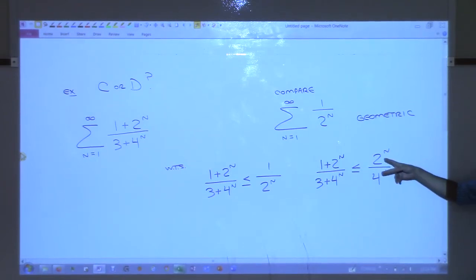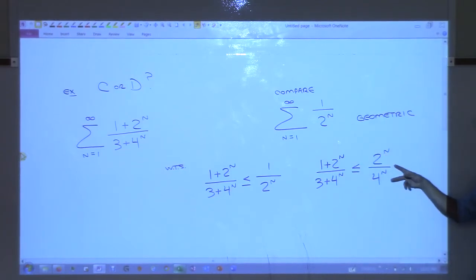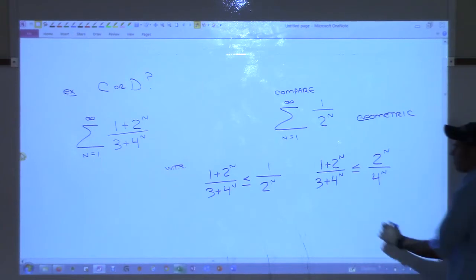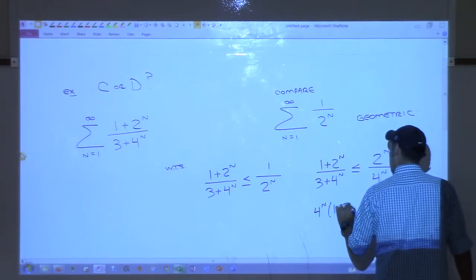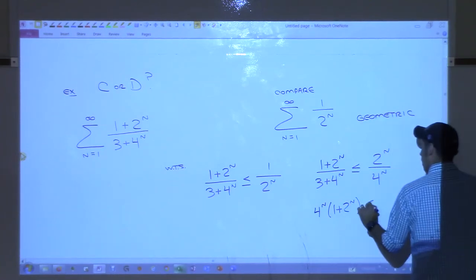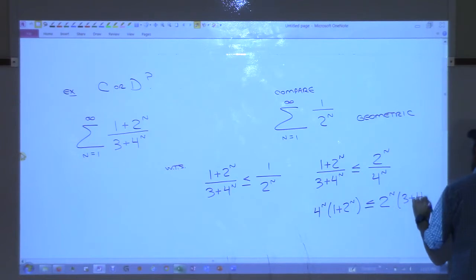That's what we started with to begin with. When we chose to use this, it came from this idea. Okay, now let's try and cross multiply maybe. We cross multiply, we're going to get 4 to the n times 1 plus 2 to the n less than or equal to 2 to the n times 3 plus 4 to the n.